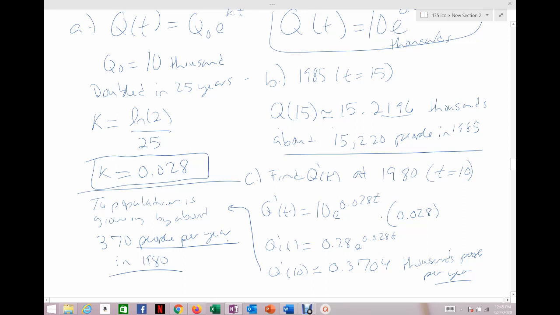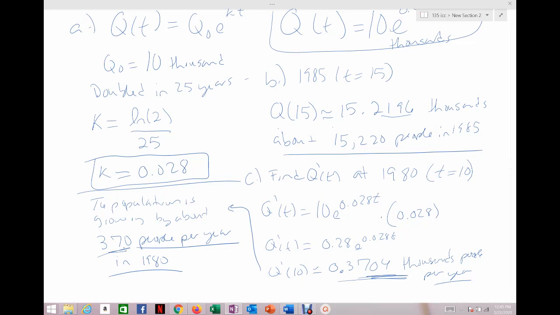Remember, a derivative is always a rate of change. So you've got to write it with the rate of change, like miles per hour. How is it changing? What's its speed? In this case, the population is increasing by people per year. Either thousands of people per year if I leave it as the decimal, or I just multiply by 1,000 and write it as 370 people per year instead of in thousands.